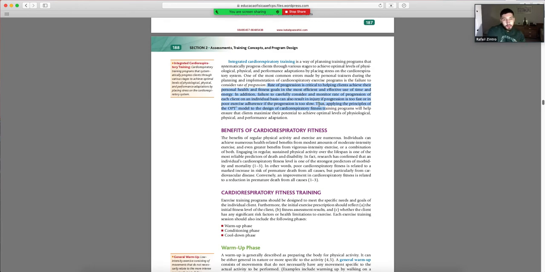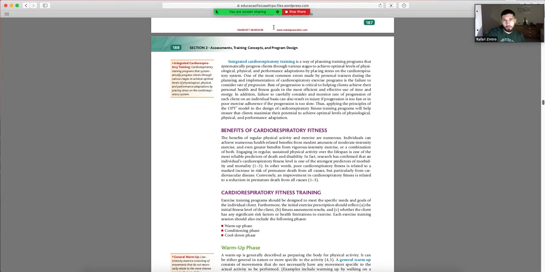Again, know your client. Thus, applying the principles of the OPT model to the design of cardiorespiratory fitness training programs will help ensure that clients maximize their potential to achieve optimal levels of physiological, physical, and performance adaptations.